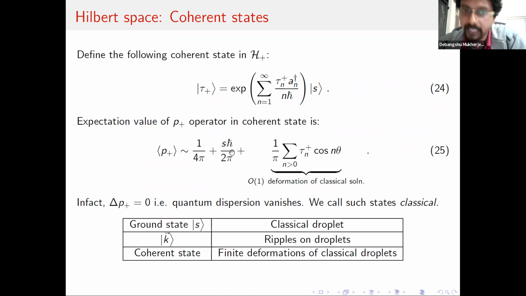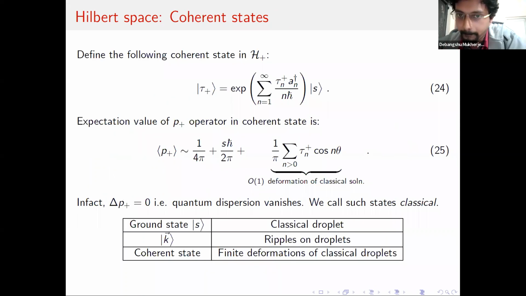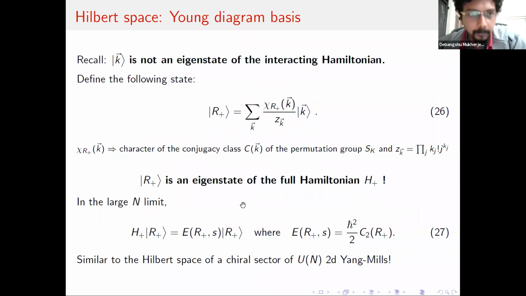Unlike, for example, the second term, which was precisely what we got as expectation value when we acted with a state K. So in this sense, order one deformation means you will not have this factor of H cut. Okay. So this is the classification of the states.